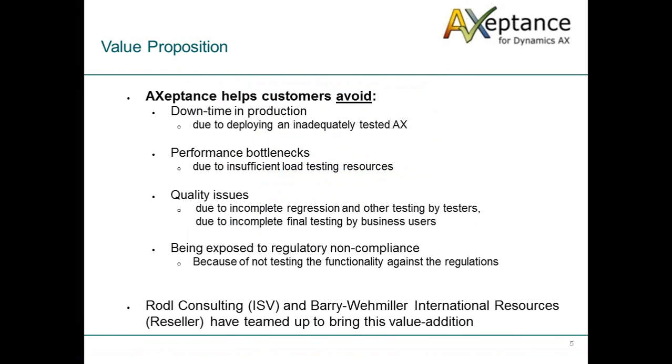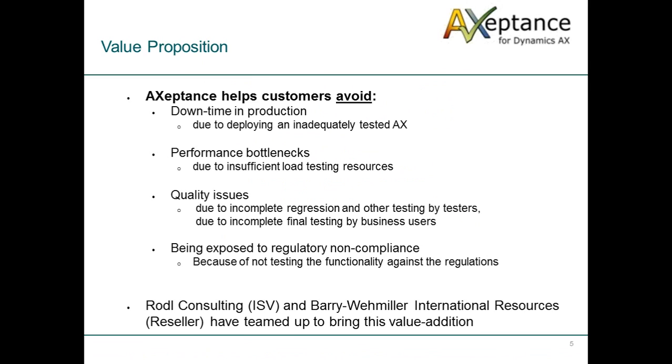Ensuring quality issues and regression testing is complete, and very important is the ability to ensure that you're compliant from an audit capability perspective, and so this testing tool is very focused on ensuring that.